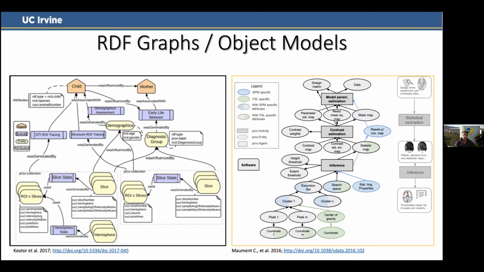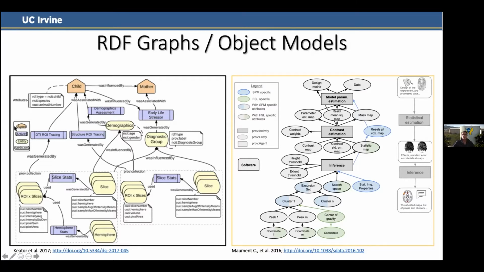And so one of the first steps, essentially, of creating a linked data model for your use, I think, is to sit down and create these object models, which are these graphical representations of how information that you're trying to capture relates to one another. And so in our models, we've built them off with a terminology called the PROV terminology from Luc Moreau's group in Southampton.